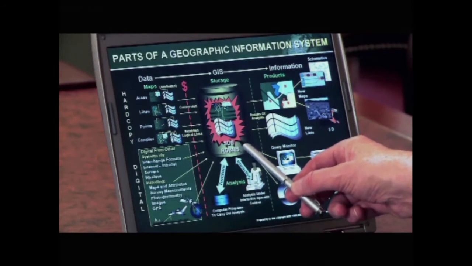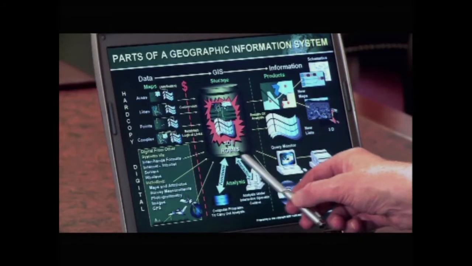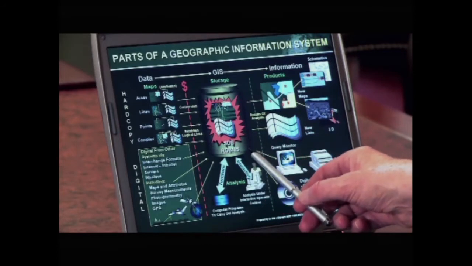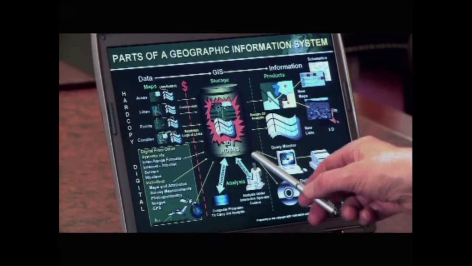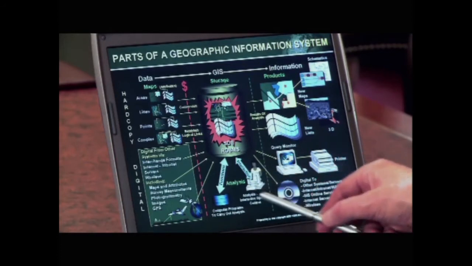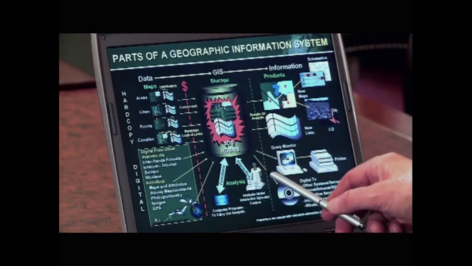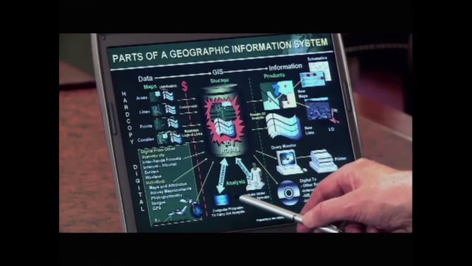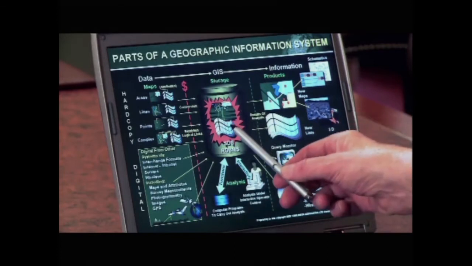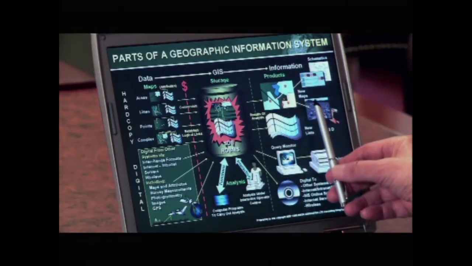The data inside the system are managed by search engines and relational database management systems. And the analysis itself is usually under the control of an operator or maybe a batch process which is using these functions to work on the data to produce information products out.